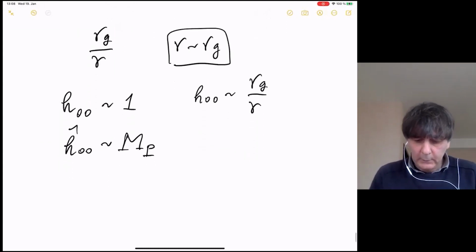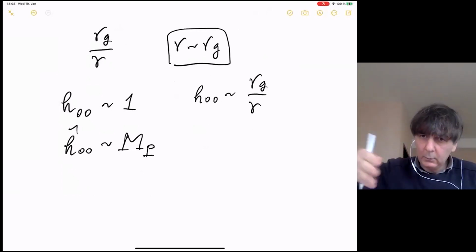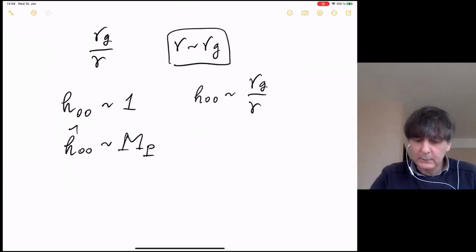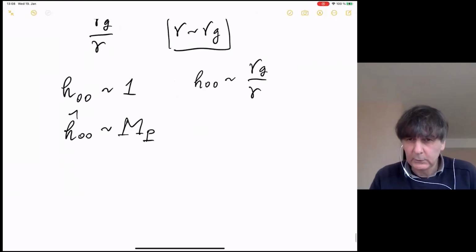So at this point, we can understand that all nonlinearities are equally important. But you can also see this from the famous fully nonlinear Schwarzschild solution.